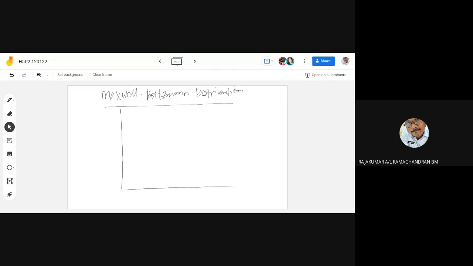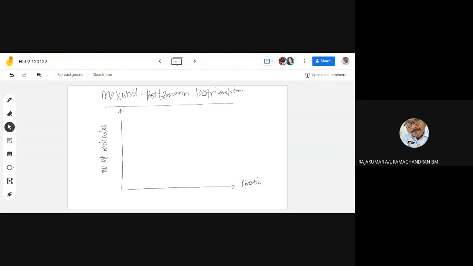Okay. It's axis Y. Axis Y we label as number of molecules. And then the axis X we can label as kinetic energy.